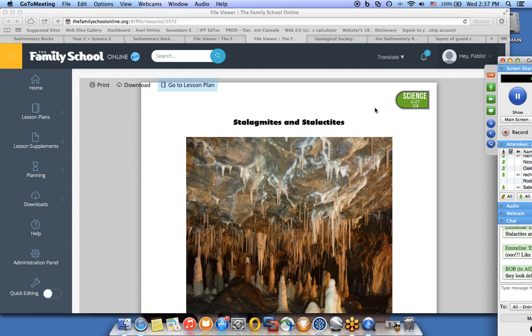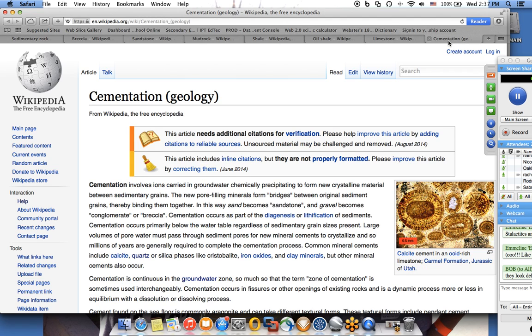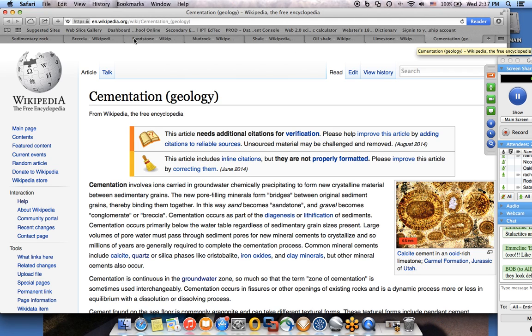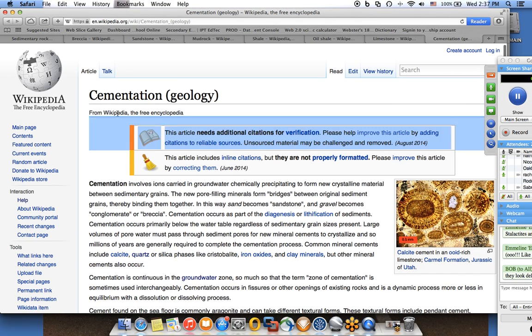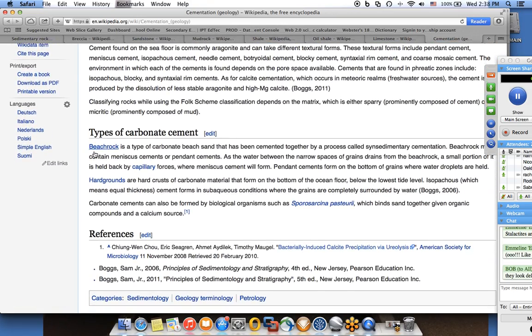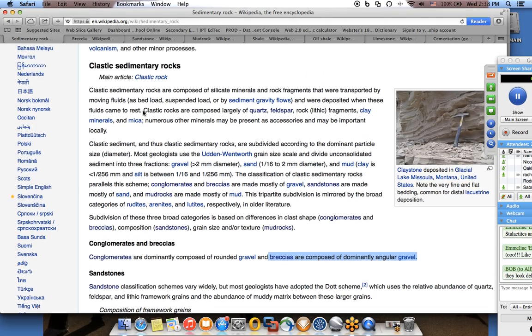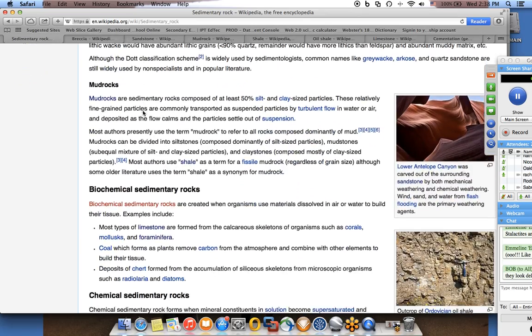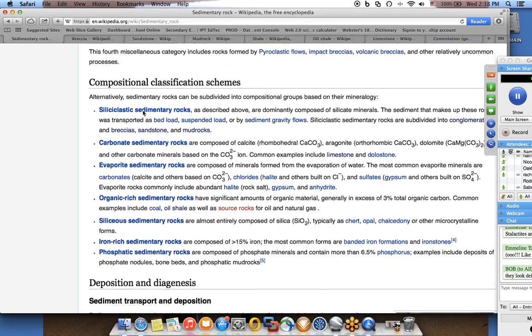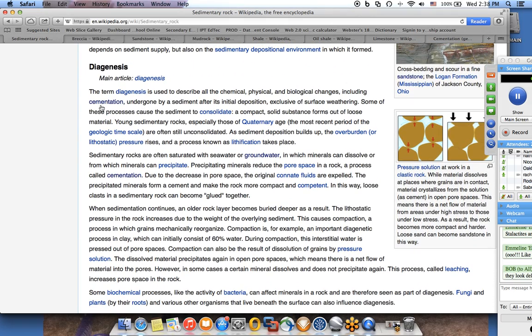So I'm going to talk now about how the process of cementation happens. We talk about these being rocks put together, but how does that happen? I read this article on cementation, and it's very interesting. I'm going to let you read it, but I found that this part, after the classification, was actually easier to understand.